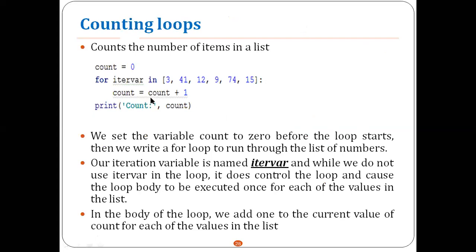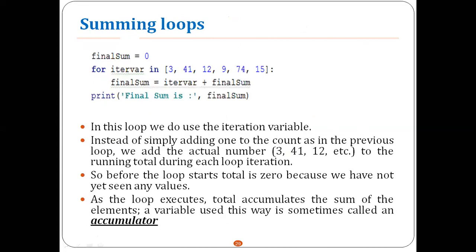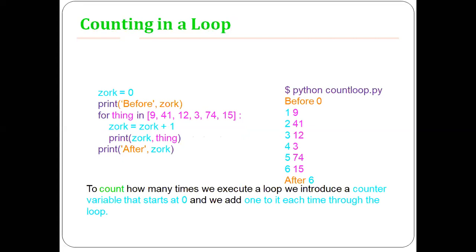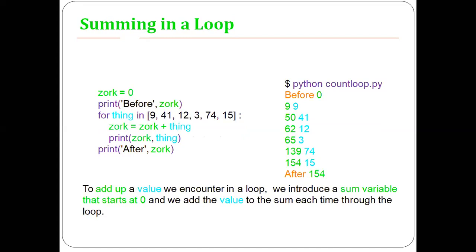And here we have seen how to count the number of elements in the given set or list, right? And to find the sum of all the elements in the list. This is how you print the values of the set, count the number of elements in the set, and find the sum of all the elements.